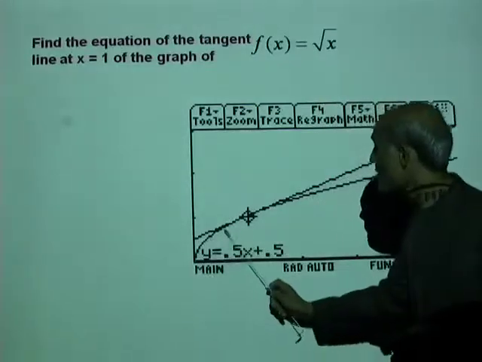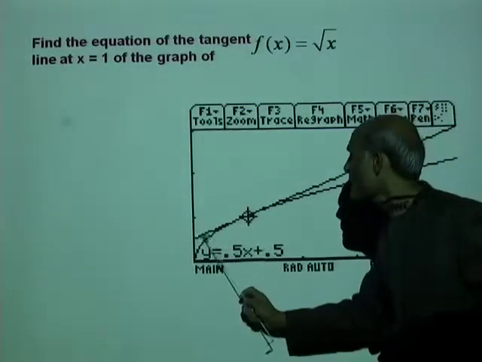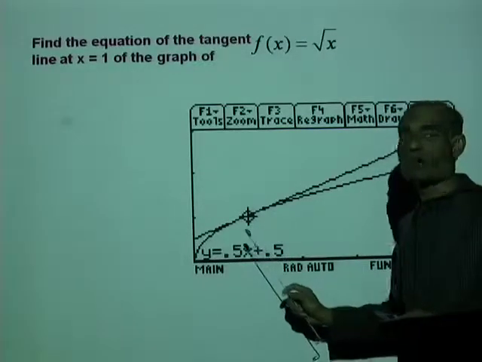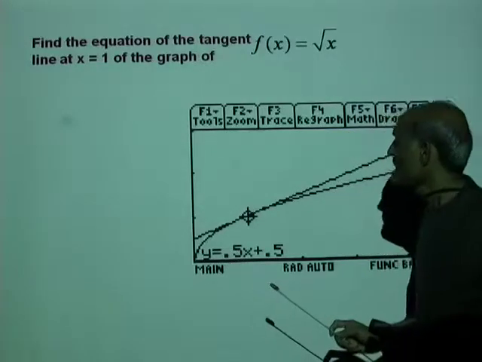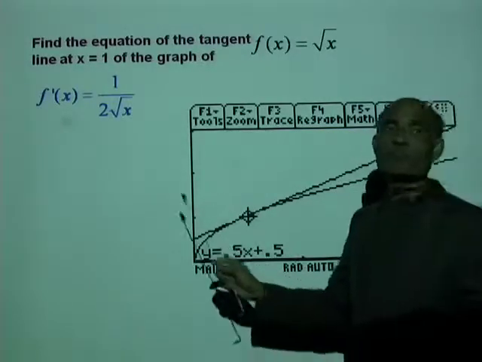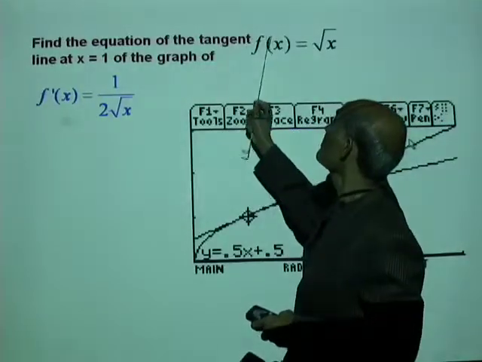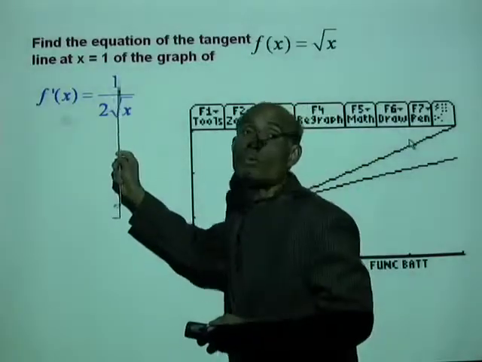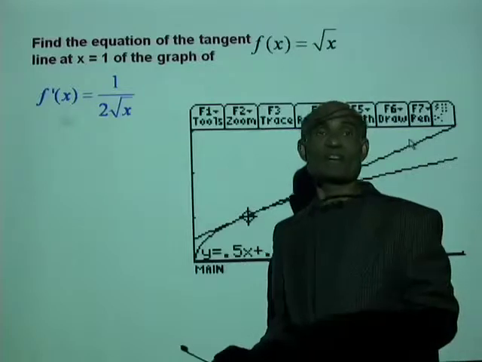There I have the graph of square root of x. And at x equal to 1, I have drawn a tangent line, and that gives me the slope of the tangent line as 0.5. Let's see if that is correct. You know that the derivative of f of x equal to square root of x is f prime of x equal to 1 over 2 square root of x.